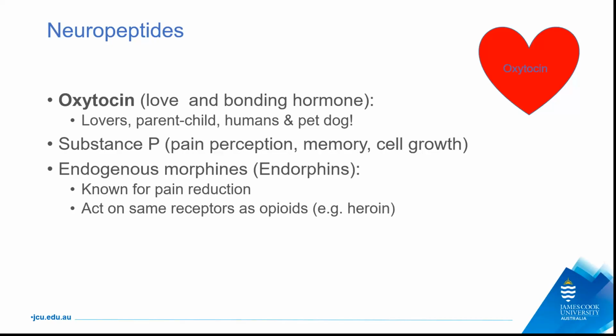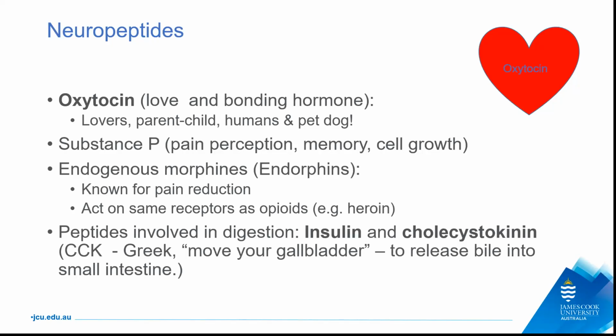They're useful for pain reduction, and they act on the same receptors as opioids, such as heroin, which we'll talk about in tutorial. And neuropeptides are involved in digestion. So we have insulin and cholecystokinin. Very interesting word, it's from Greek. It means move your gallbladder to release the bile into the small intestine. So these are just two other interesting neuropeptides.